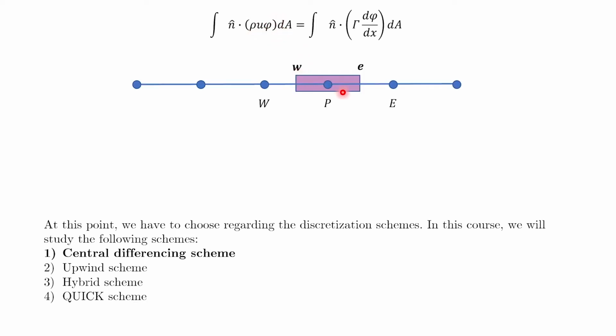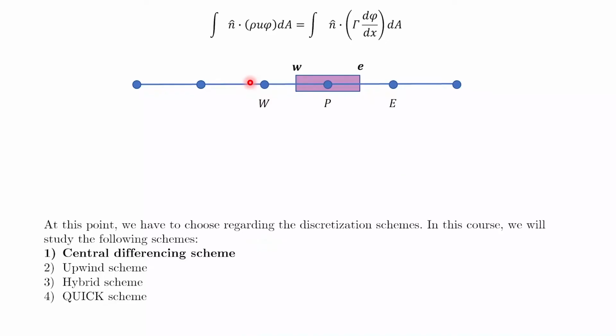Now if I consider my finite volume here, we know that on the east face the normal vector is pointing in the positive x direction, that is, the normal vector is nothing but i cap in the Cartesian system, and on the west face the normal vector is minus i cap. So we are going to repeat the similar procedure that we adopted for the conduction problem for the two different faces, and we are going to ignore the top and bottom faces because their normal vectors are j cap and minus j cap, and there are no variations in the y domain because this is a 1D problem.